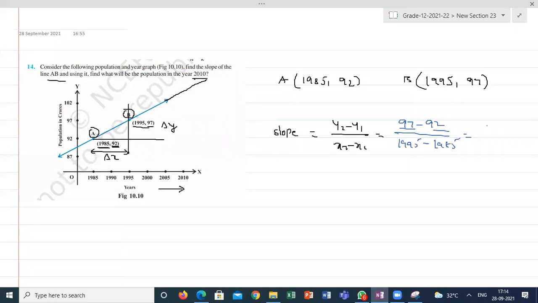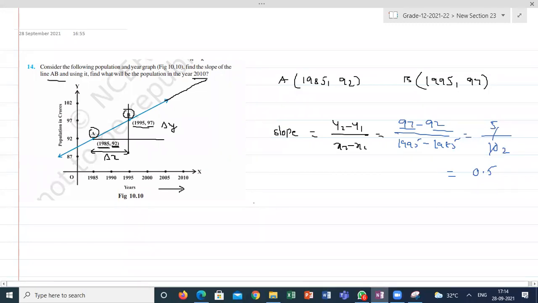This is 5 by 10, so 0.5 crores per year or 50 lakhs per year. So the graph shows 0.5 crores per year it is increasing.